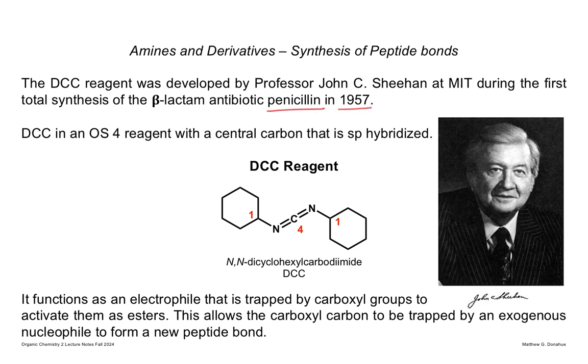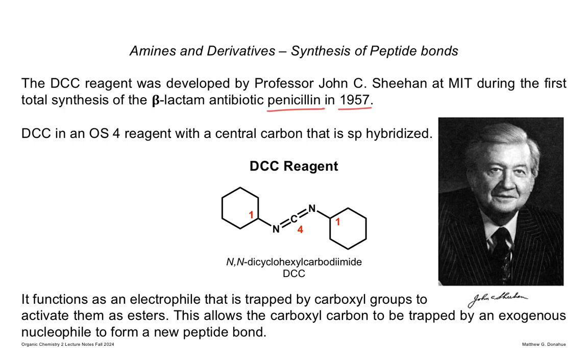Nowadays, you can just go to Moffitt. If you're sick, they can give you penicillin. But back in the day, it had to be harvested from mold or whatever it comes from. So people were interested in making it synthetically and then making derivatives of it that were more potent.